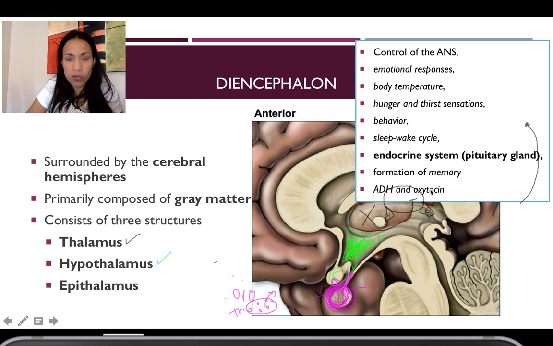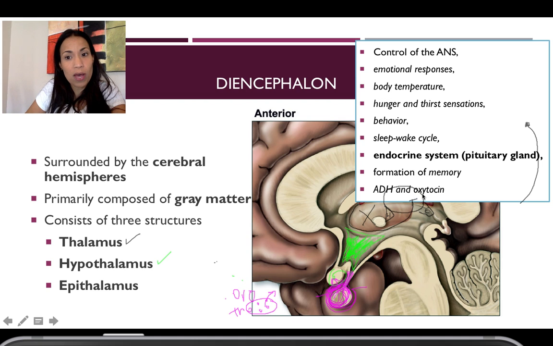And oxytocin is the hormone released during labor to stimulate the smooth muscle contraction on the uterus to get rid of the baby, and also around the nipples, it stimulates the contraction and the ejection of milk during breastfeeding.